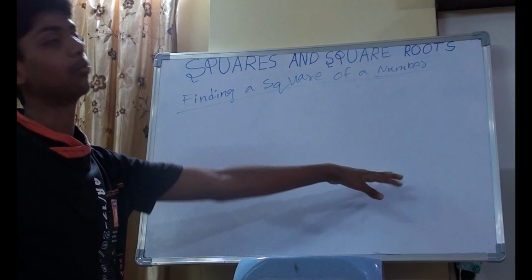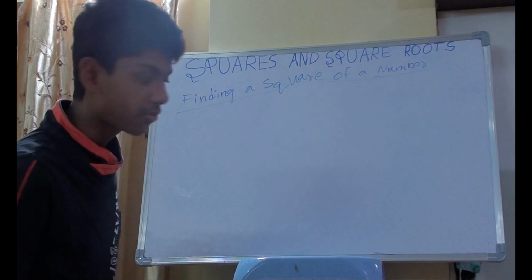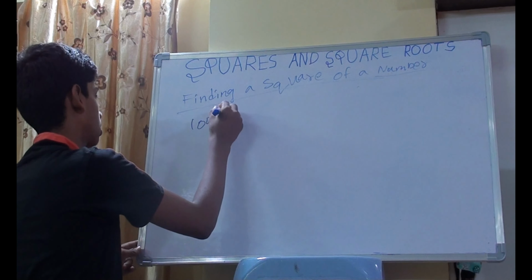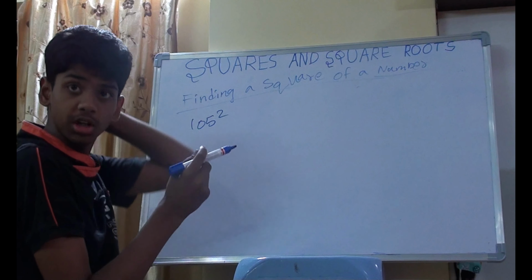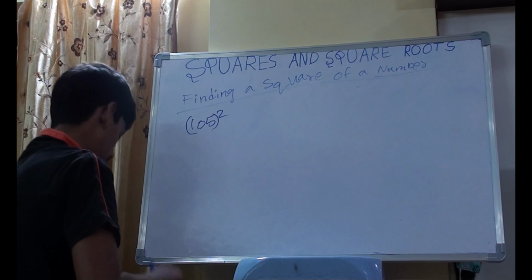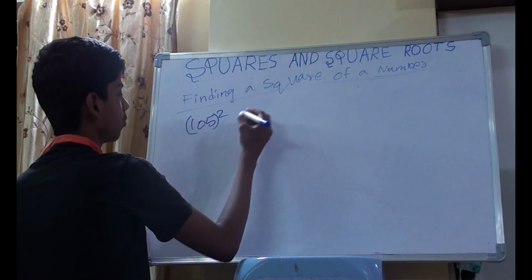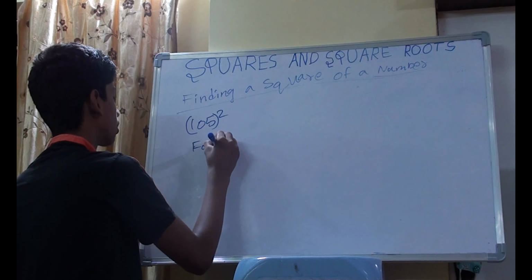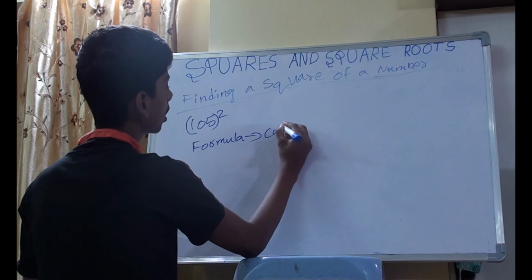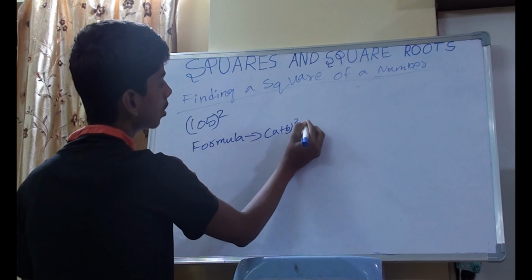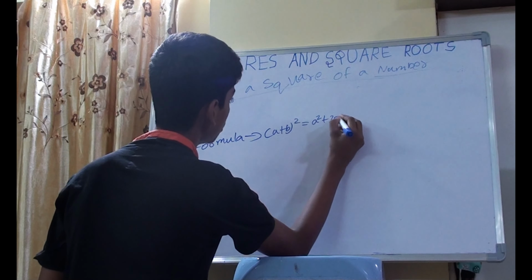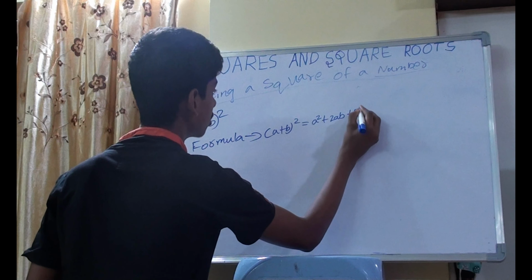Finding a square of a number. So the first way, suppose they asked you to find like 105 square. It is a big number, so it is hard to find. So there is a formula. The formula is (a + b) whole square equals a square plus 2ab plus b square.